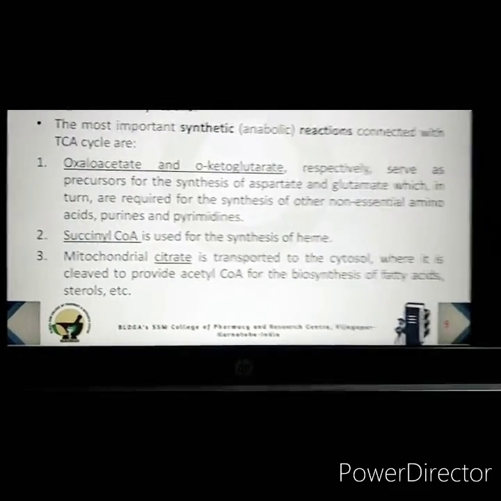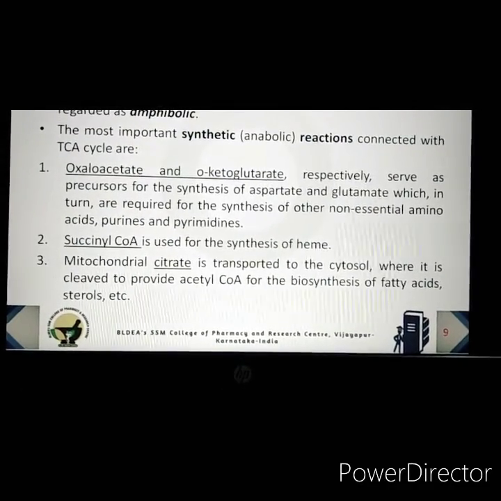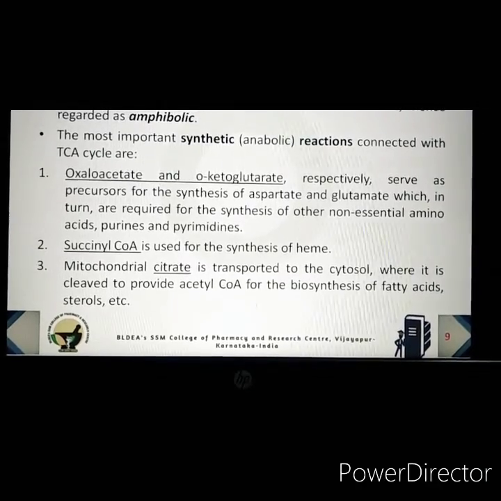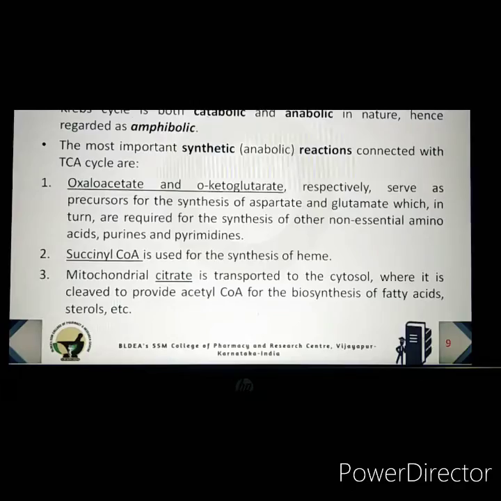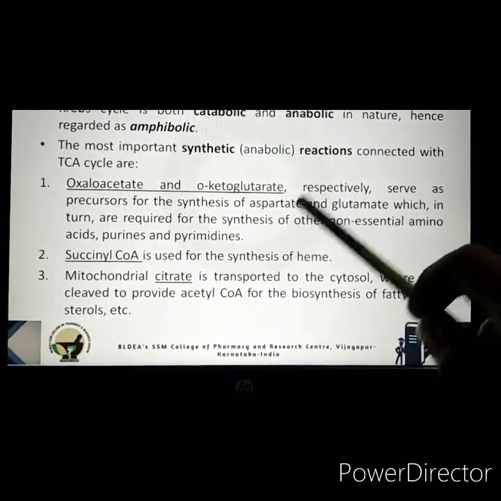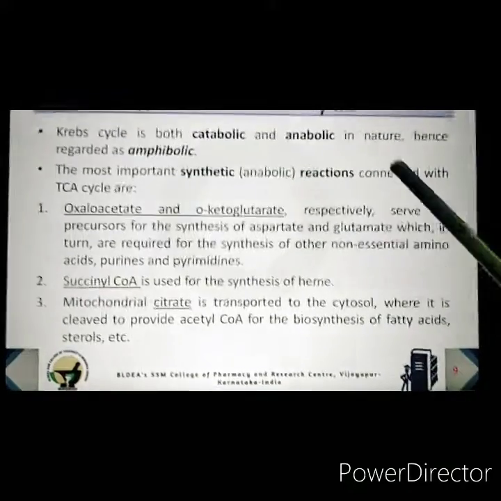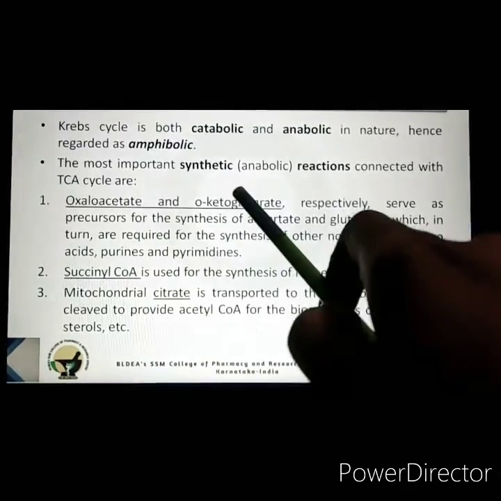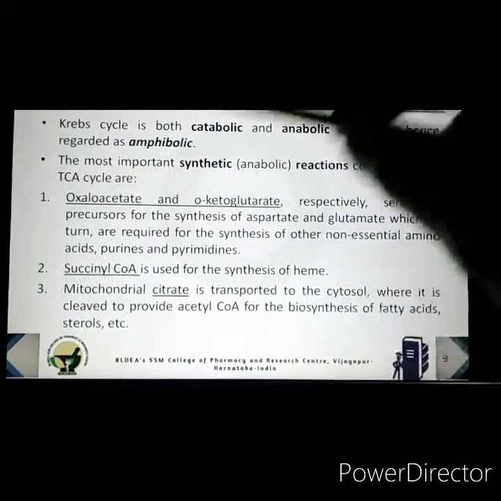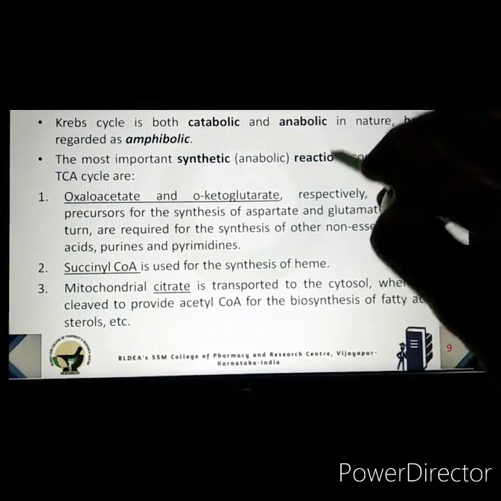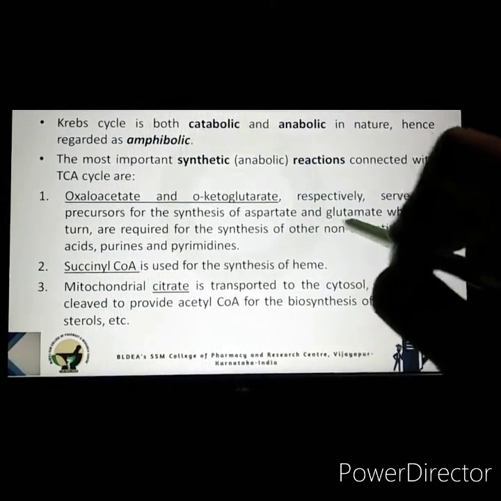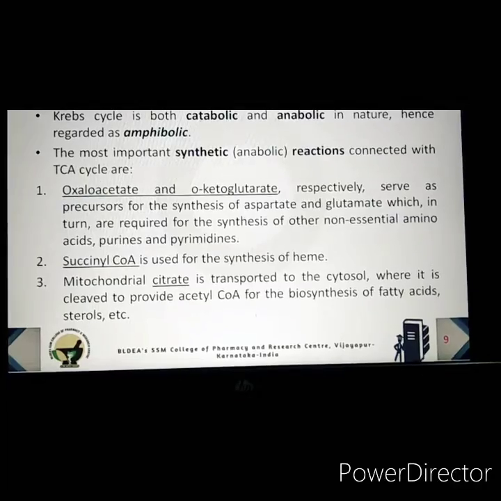These two are different types of non-essential amino acids, as we saw in the topic biomolecules. So from oxaloacetate and alpha ketoglutarate, which are intermediates of the TCA cycle, anabolic reactions result in synthesis of aspartic acid and glutamic acid.